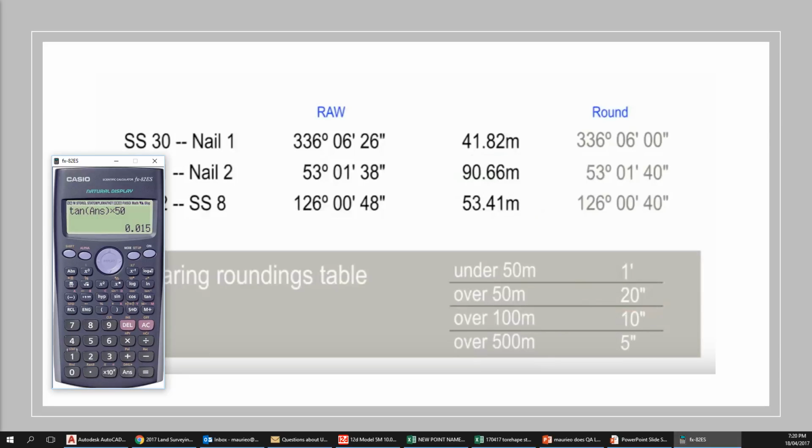So in terms of bearings, if we round them to the nearest minute and they're under 50 meters, they're going to be within 15 millimeters.